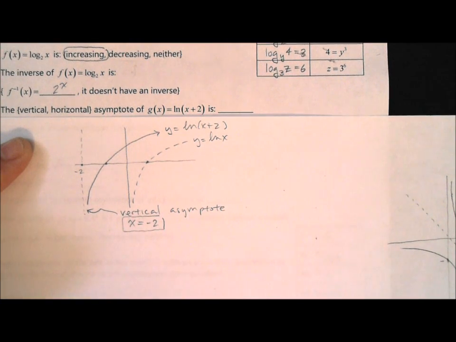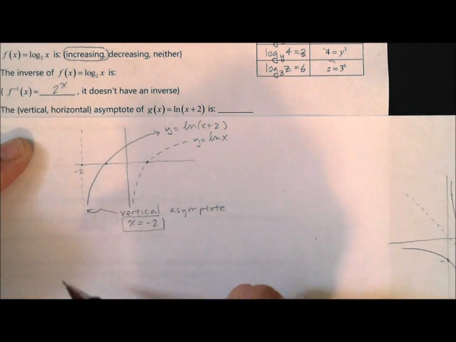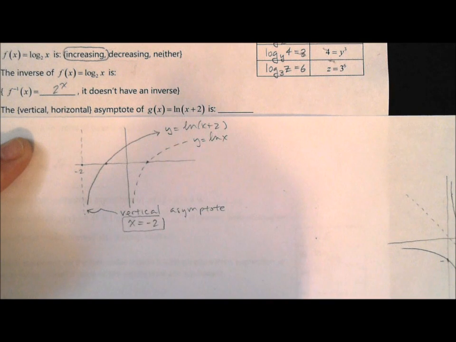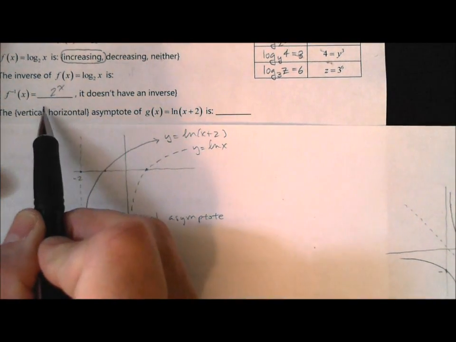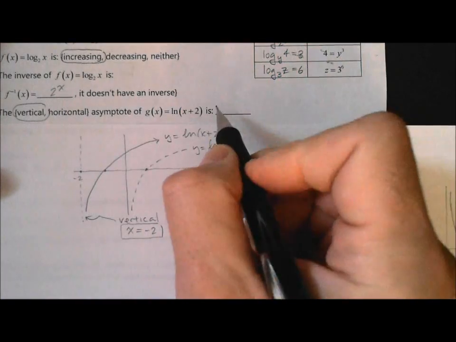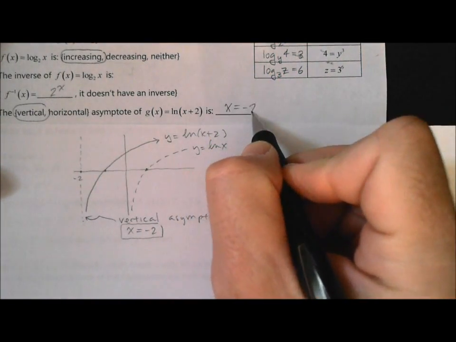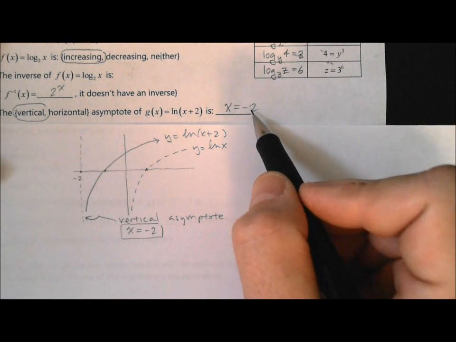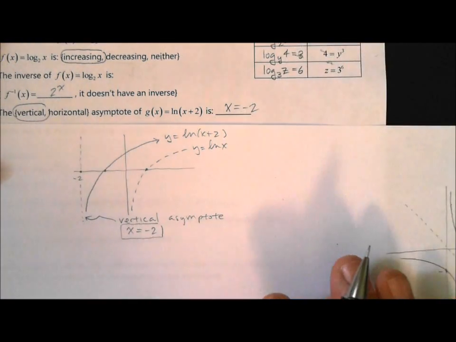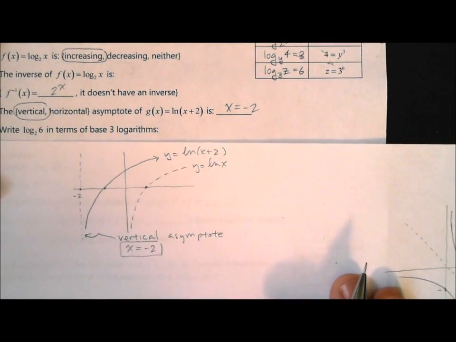We could give all the points on it, which is kind of boring. We could draw it, and if your graph is accurate enough, that would suffice. Or you can give its equation or some other defining property, and the equation is x equals -2 in this case. So our graph has a vertical asymptote of x equals -2. And you could write the vertical line at x equals -2, or going through -2, 0, whatever.